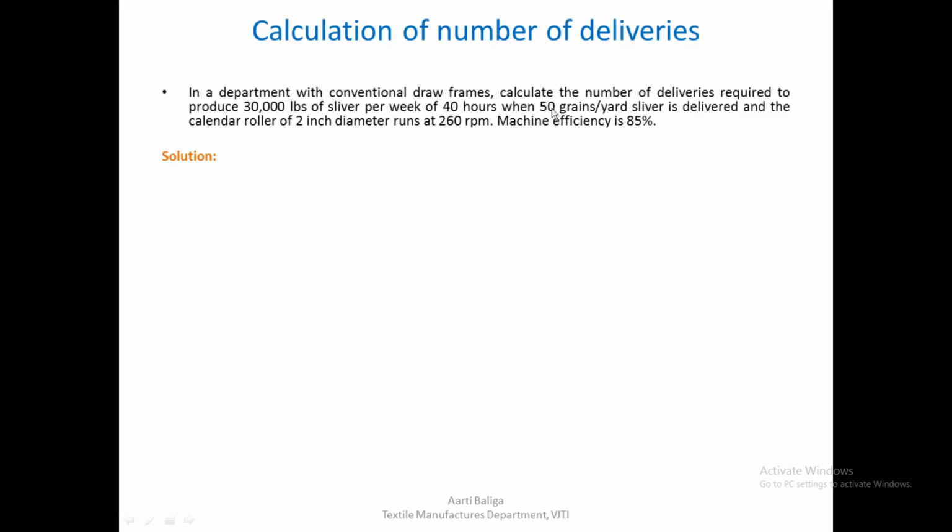Just like before, we convert all our units into the right system so that we can use them easily. First let us convert 30,000 pounds, which is equivalent to 13605.44 kgs.